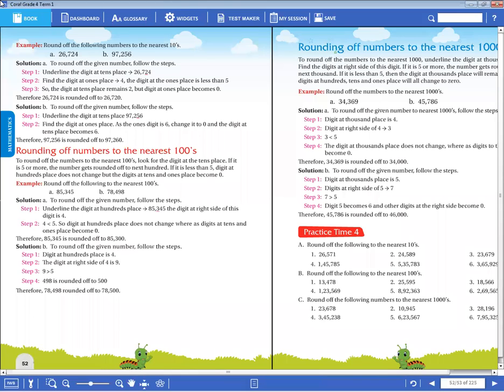So we have to keep the same 1,000 only. 28,000 only it will come. If in the hundreds place it is greater than 500, then we have to take the next 1,000. Okay? Okay, dear children. Sai Swaroop, did you understand?